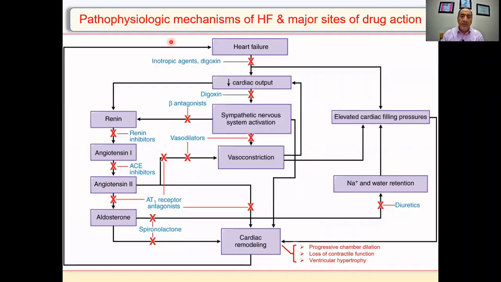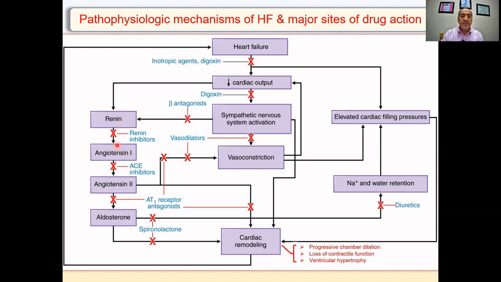So let us review the pathophysiologic mechanism of heart failure and major sites of action with a specific focus on the RAS system. Heart failure will be associated with decreased cardiac output and activation of the sympathetic nervous system. So the norepinephrine or epinephrine will activate the beta receptors in juxtaglomerular cells to produce renin, which will activate the formation of angiotensin 1.